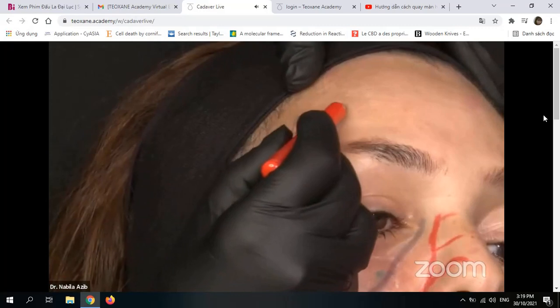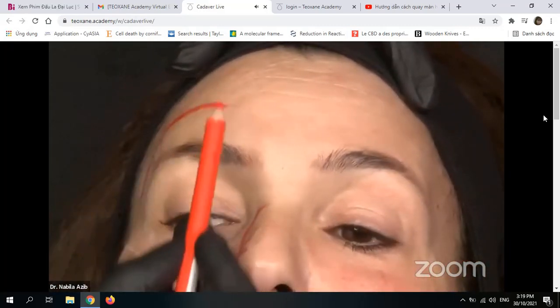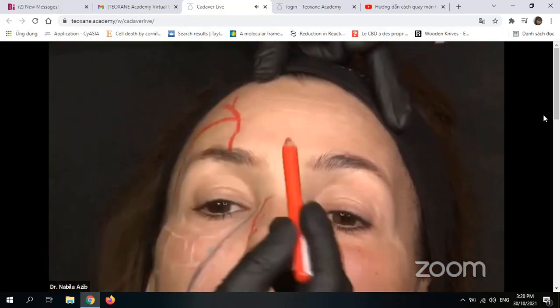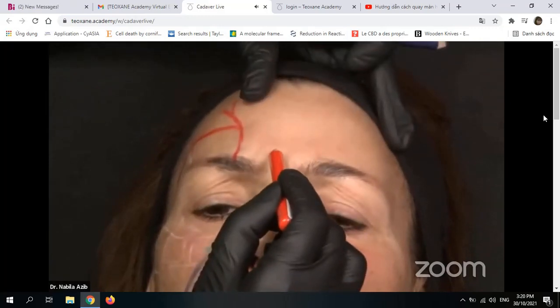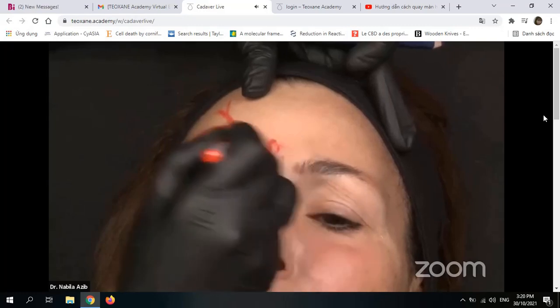This superficial temporal artery will be connected, of course, with the supraorbital one, with this horizontal branch. And if my patient looks up, you see this first glabellar line is the location of the supratrochlear artery.